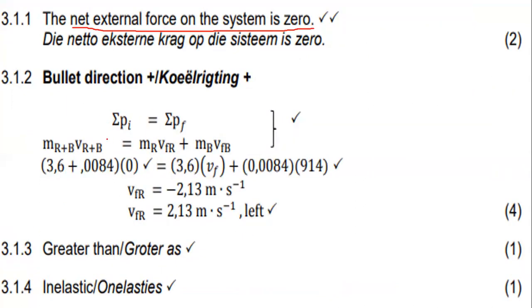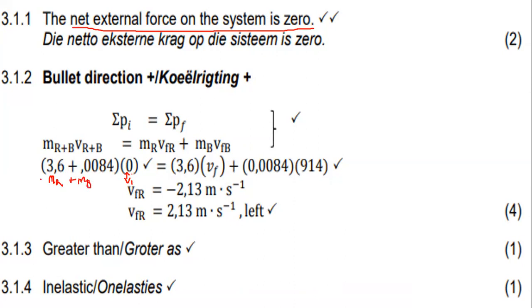So we want to know the velocity with which it's going to move when it recoils, meaning after the firing. Then we say the sum of the initial momentum before the firing is equal to the sum of the final momentum after the firing. Both of them were stationary, so the initial velocity can be taken out as a common factor. This will then be the mass of the rifle plus the mass of the bullet.